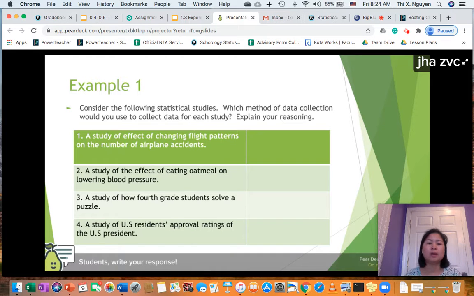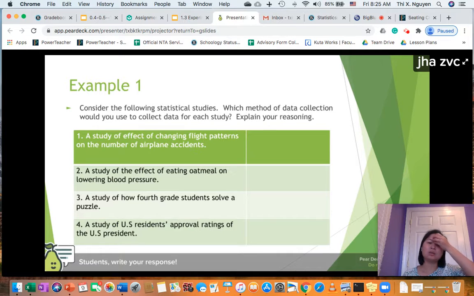Let me finish up. So for the study of the effect of flight patterns, I saw some of you put down use simulation. I can accept simulation because we talk about airplane accidents, so we can use a model. We can use a mathematical way to calculate that.